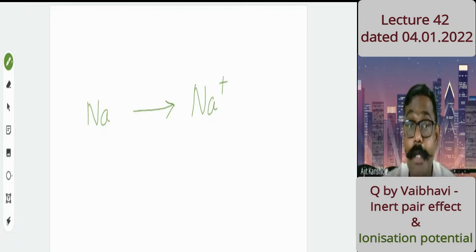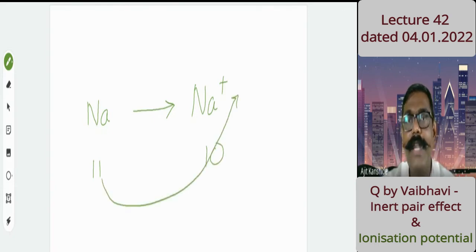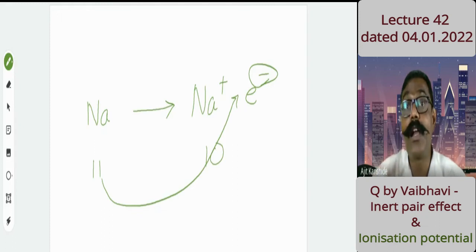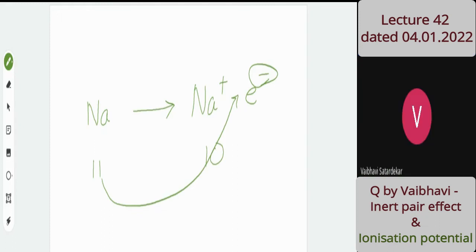Let us just think logically. Sodium has 11 electrons, Na plus has 10 electrons. It means one electron you have removed. To remove an electron, do you need to provide energy or will energy come out? That's my question. We have to provide energy.